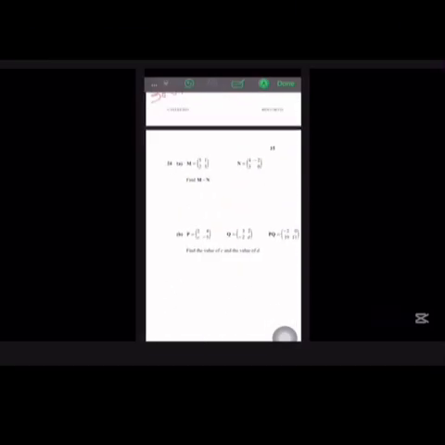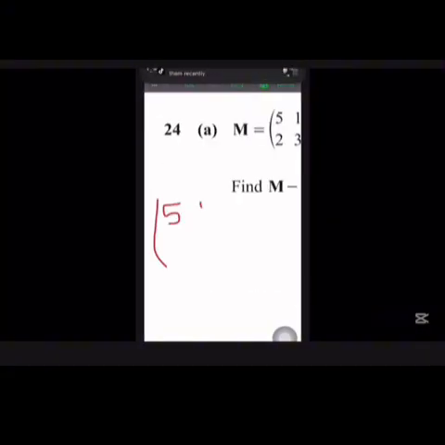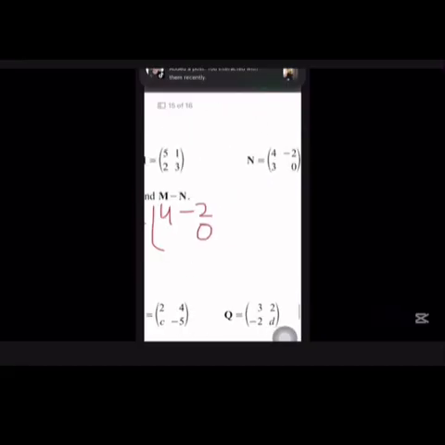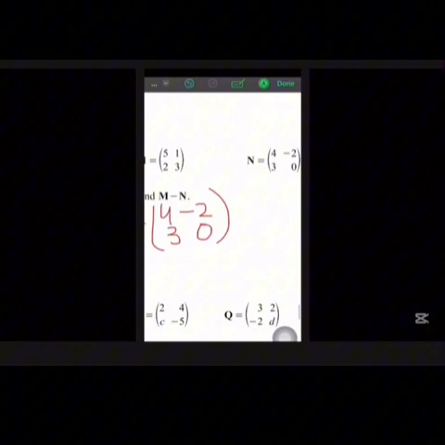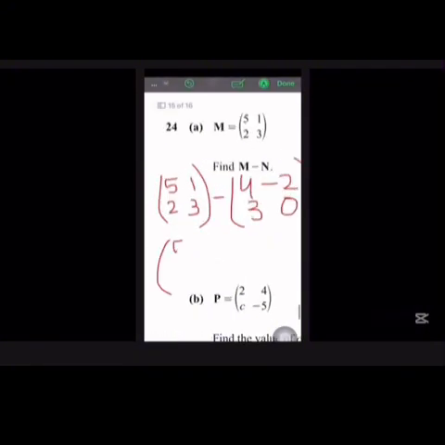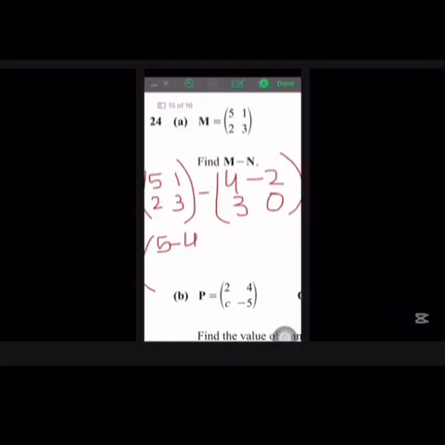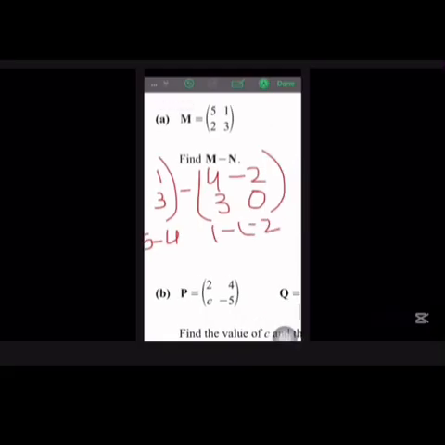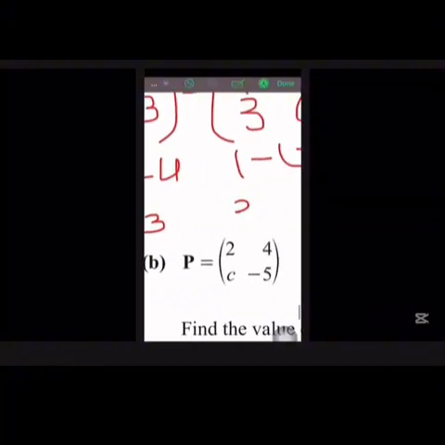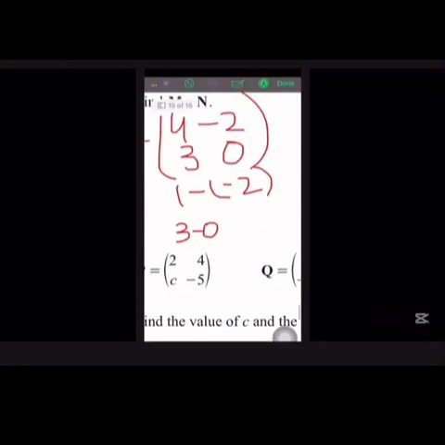To find out m minus n. 5, 1, 2, 3 is equals to 4 minus 2, 0 and 3. So we'll just have to minus them. So we'll write it like this. 1 minus minus 2, 2 minus 3, and then 3 minus 0.